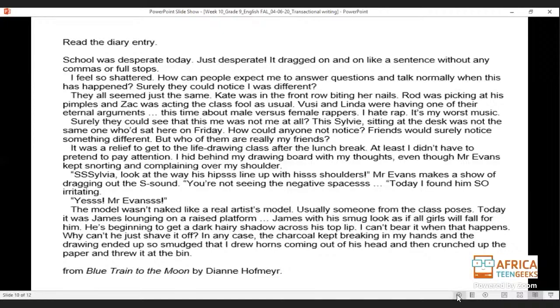Why is the writer's drawing smudged? If you look at the last paragraph, you'll find the answer there, right there at the bottom.